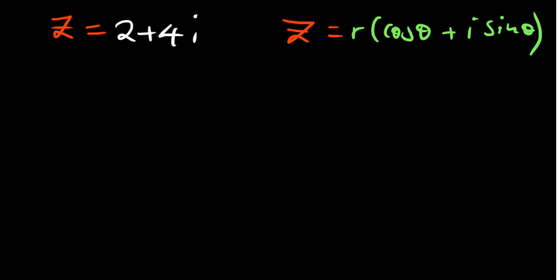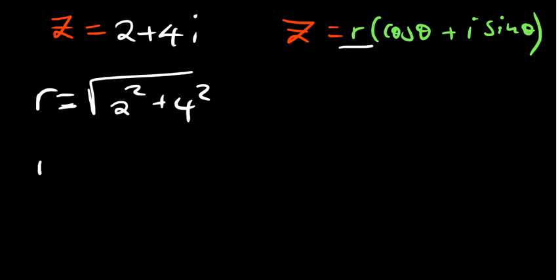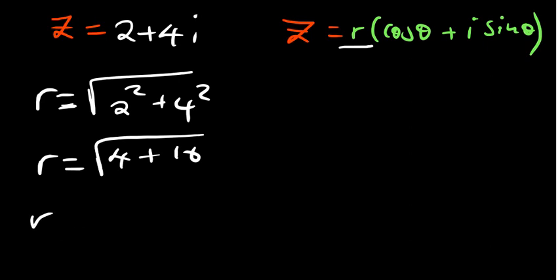So what have we said? We can first start by finding the absolute value. It's going to be 2 squared plus 4 squared. So 2 squared is 4, plus 16, 20. So root of 20. You've moved one step there.